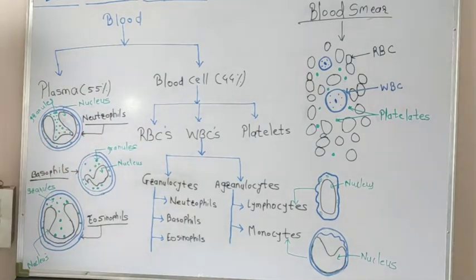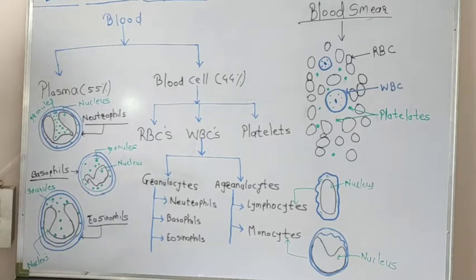WBC is the white blood cell, also called leukocytes. Basically, white blood cells means cells which don't have any color. That means these leukocytes are colorless. They have a nucleus and they are amoeboid cells. Why are they called amoeboid cells?